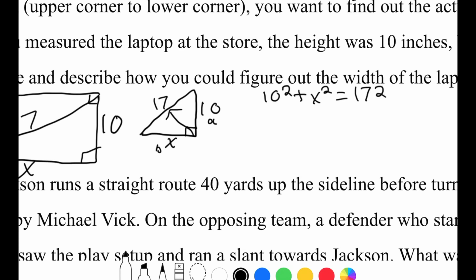We can simplify the squares, so we've got 100 plus x squared equals 289. We're going to subtract 100 from both sides to get the x squared by itself.